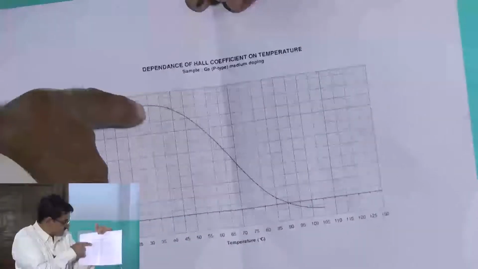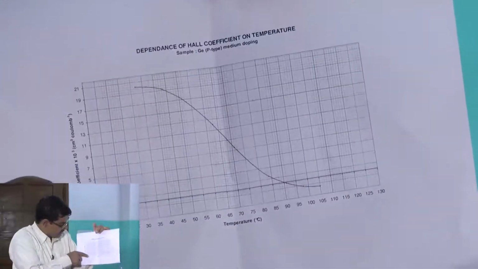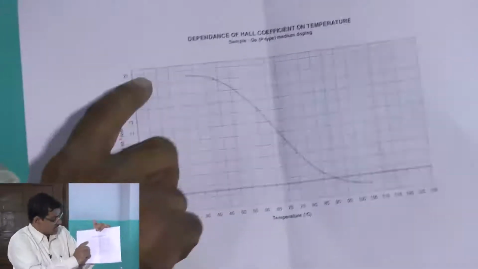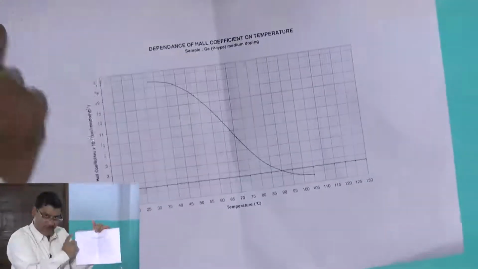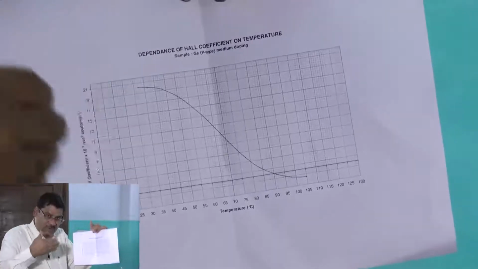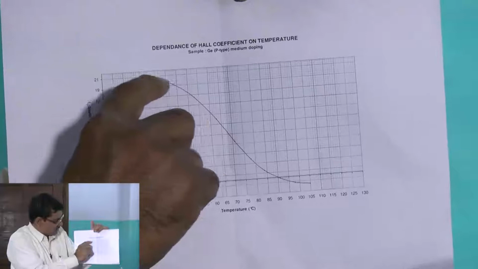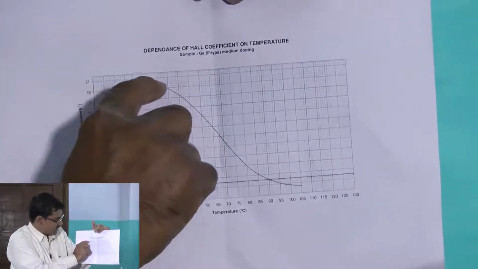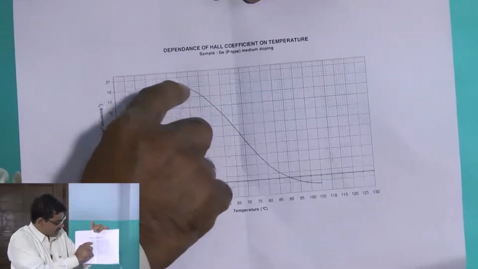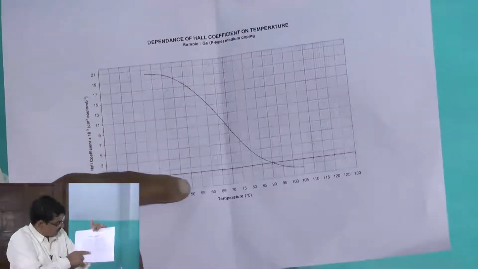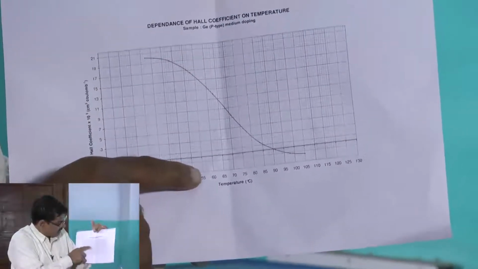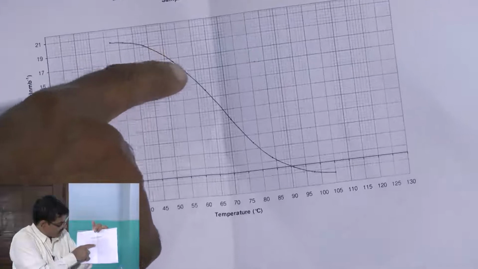Now it is winter, so it is 23 degree centigrade. Initially we saw that the Hall voltage is not changing with temperature; it remains the same value. Then after 50 or 55, it is decreasing sharply.